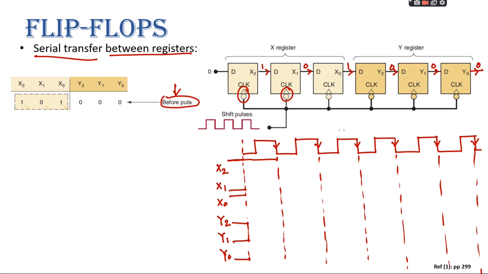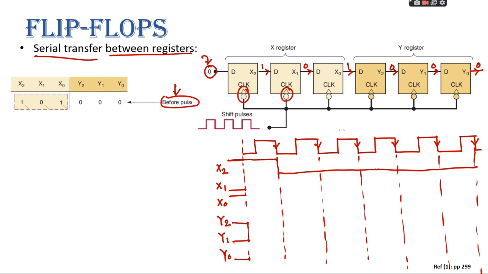Yes, sir. And after that, you can see what is the input here? 0. So it will switch to 0 and it will remain 0 until the rest of the pulses, right? Because the input here is constantly 0, right? Yes, sir.